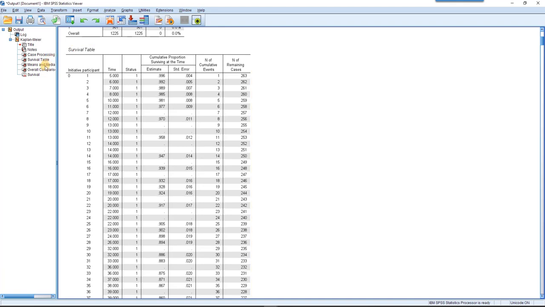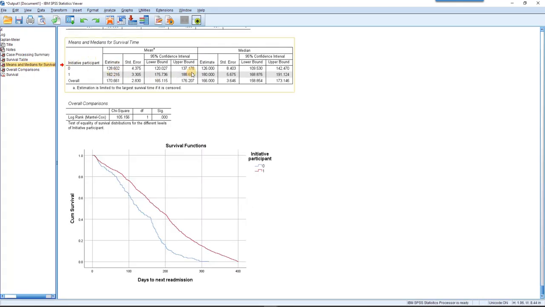The one that is of most importance is going to be the means and median for survival table that we have here. This is going to show you the mean number of days to readmission for the participants and non-participants. For the purposes of the question that we are trying to answer, we will be interested in the mean values here in the middle.